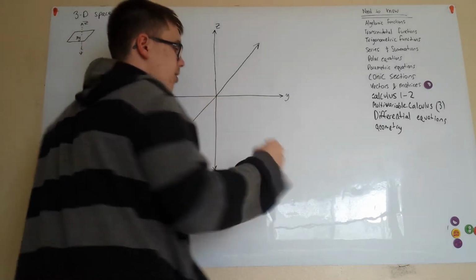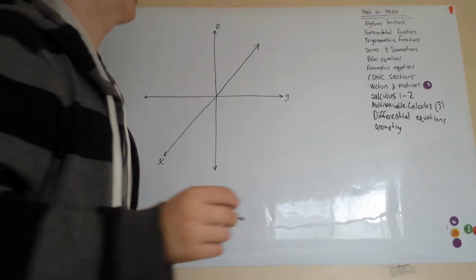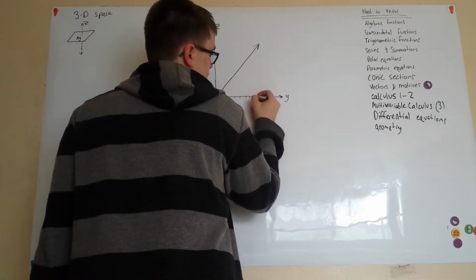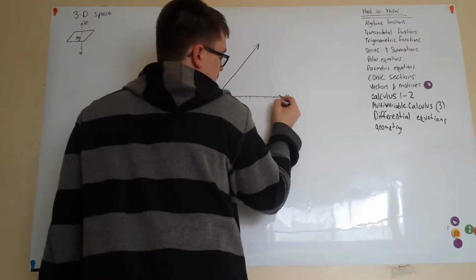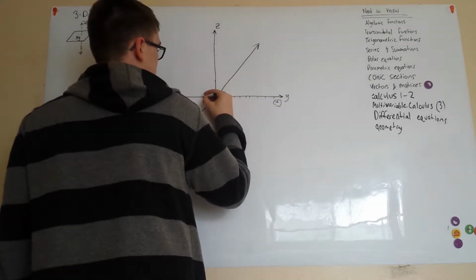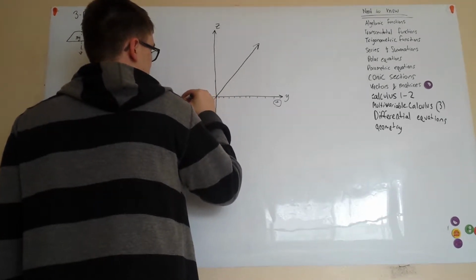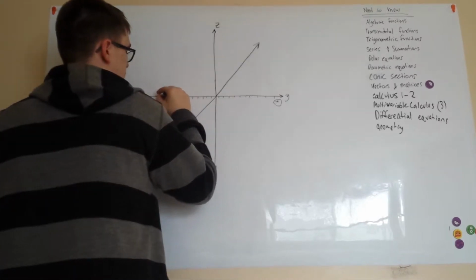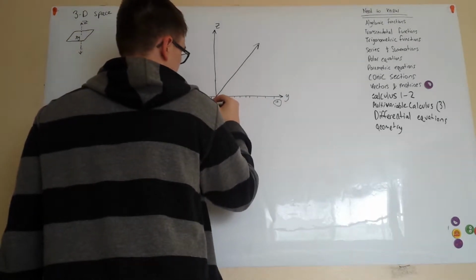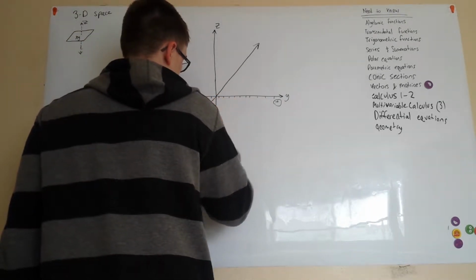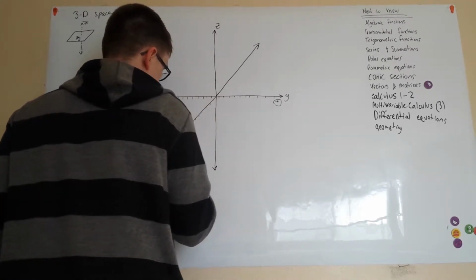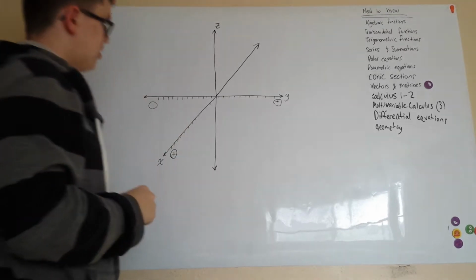So I'm gonna note all the positive and negatives of this. So the positives are here. So this is the positive y-axis. Negative y-axis. Positive x-axis.